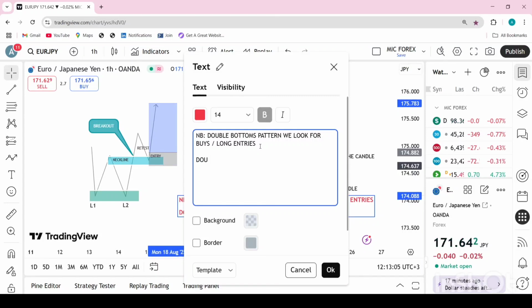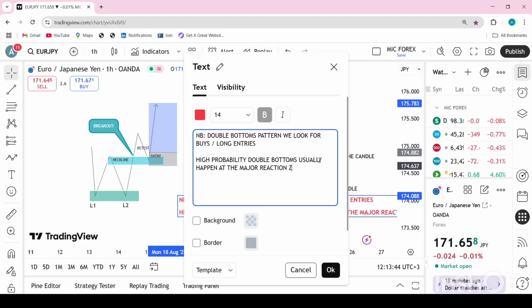Let me give you the whole sentence: higher probability double bottoms usually happen at the major reaction points, or zones.